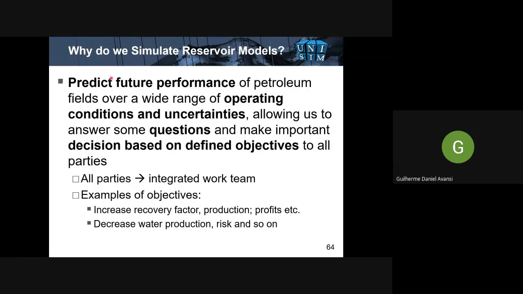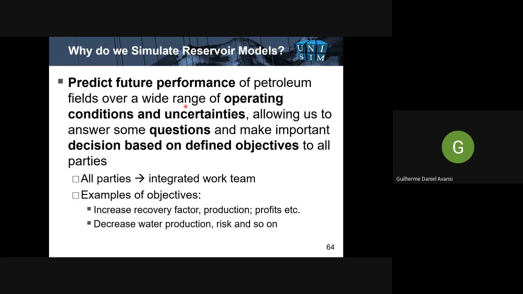So why do we simulate reservoir models? We simulate the reservoir in order to predict the future performance of a petroleum field under a wide range of operating conditions and uncertainties. When we simulate and predict the future, this helps us understand and answer some questions that we have about the field.